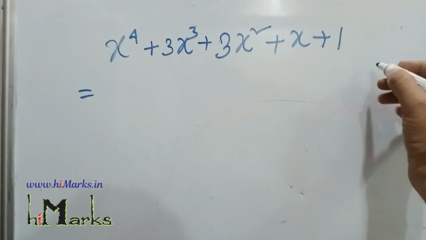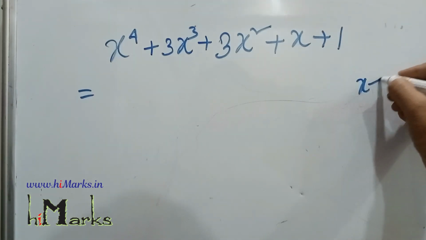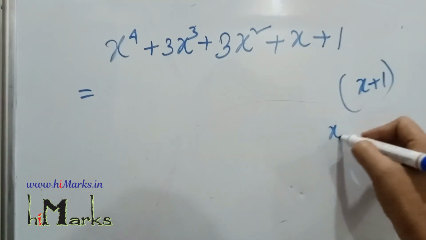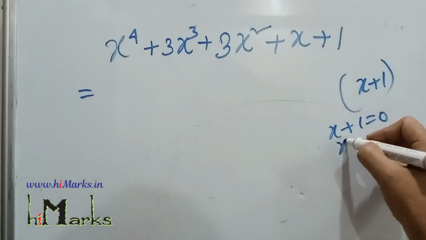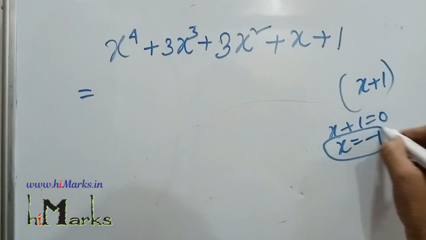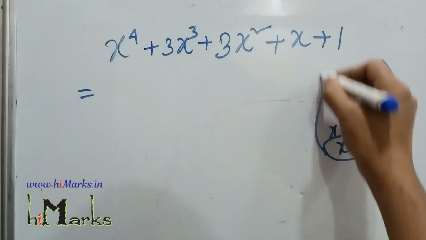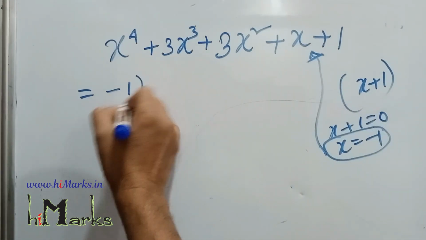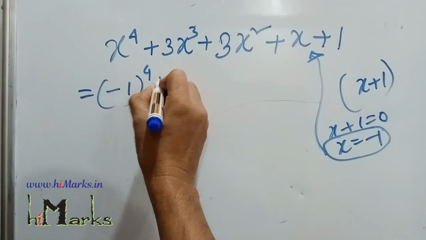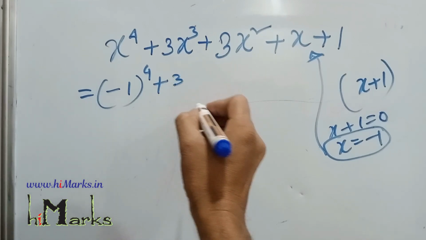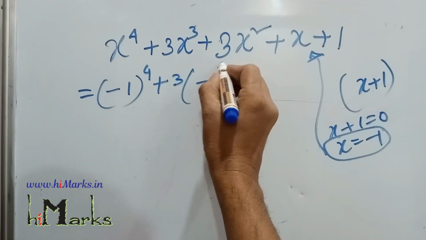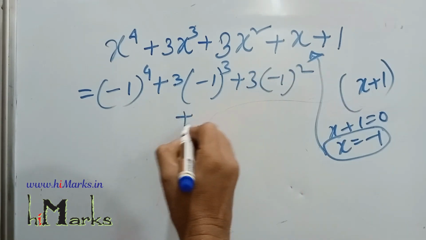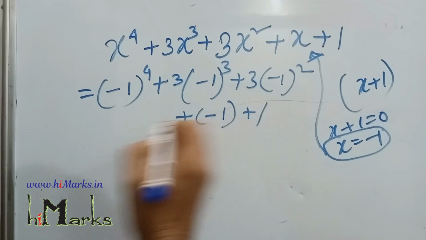This is the expression and it is asked whether x plus 1 is a factor or not. To test that, what do we have to do? x plus 1 equals 0, so x equal to minus 1, and with that you test it here. You put the value minus 1 in place of x. So minus 1 to the power 4, 3 into minus 1 to the power cube plus 3 into minus 1 whole square plus x, which is equal to minus 1, plus 1.